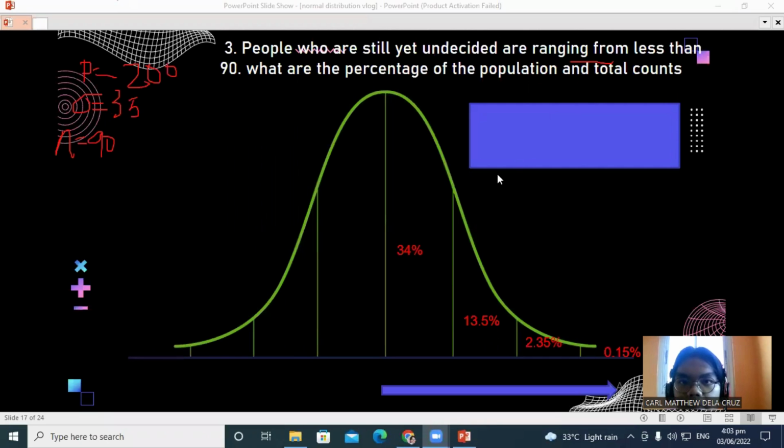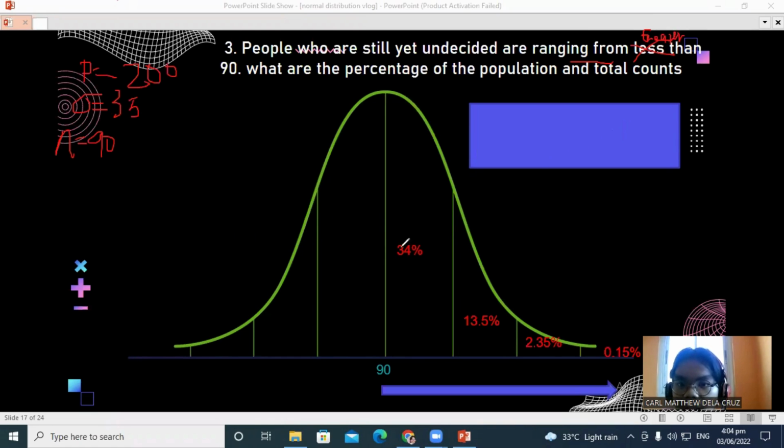For the number 3, people who are still yet undecided are ranging from less than 90. So what is the percentage of the total population count? This is 90 as the mean. For the correction, this is not less than, instead this is greater than. So technically we need to annotate and change it as greater than.